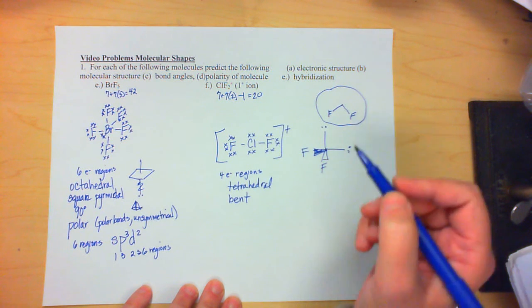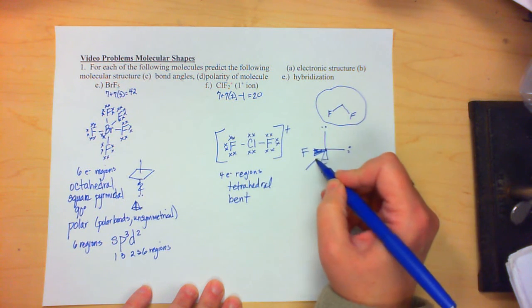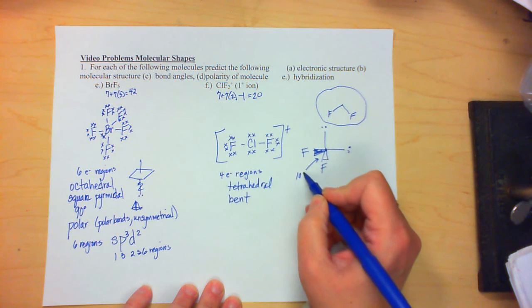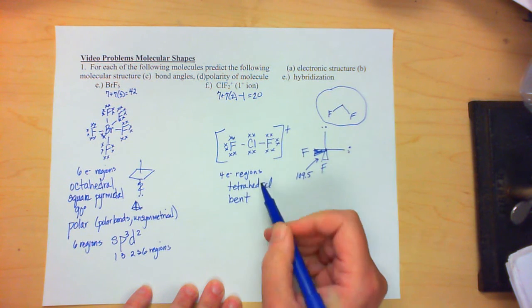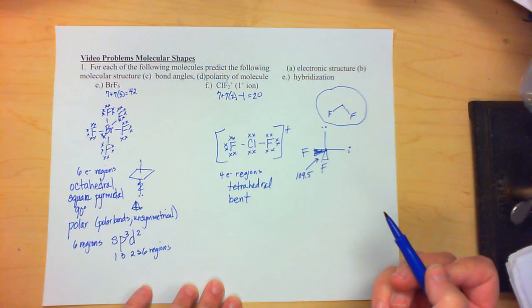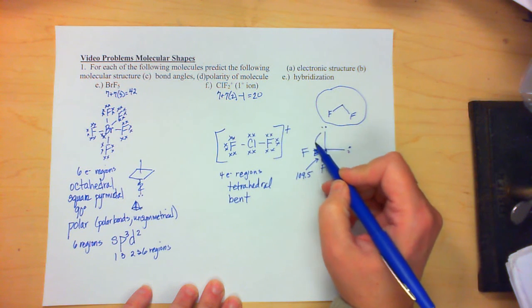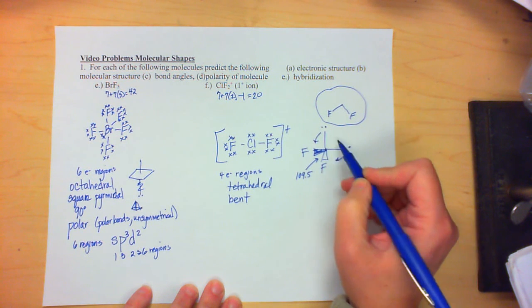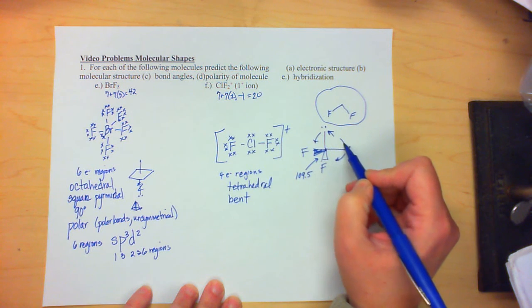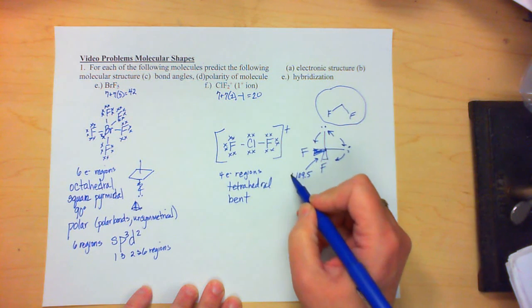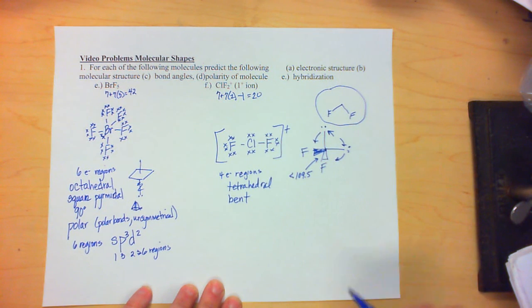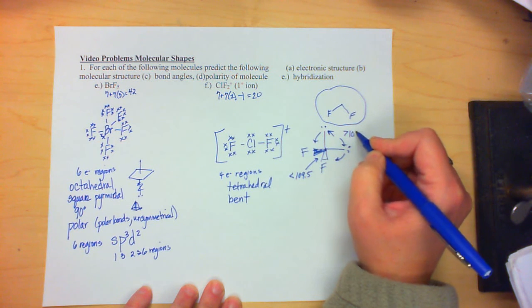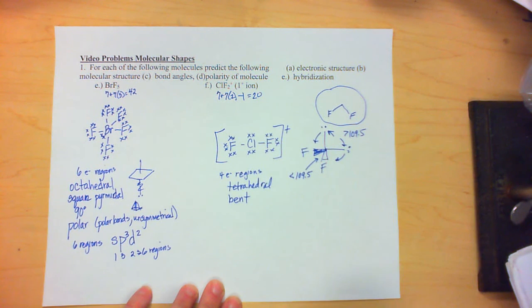Our bond angles, because of that, again, normally we would start with 109.5 because our angles are based upon the electronic shape, which is tetrahedral. However, these are going to push each other, so they're going to push down. So this is less than 109.5 because all of these are going to be greater than 109.5.